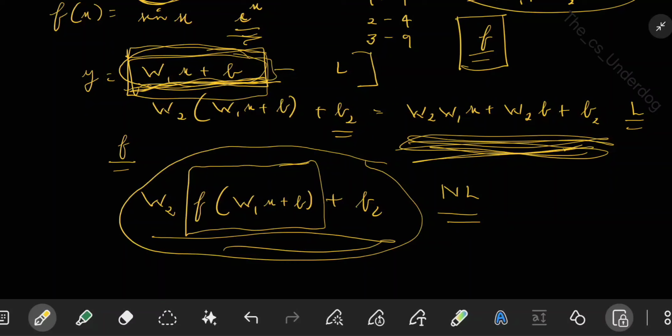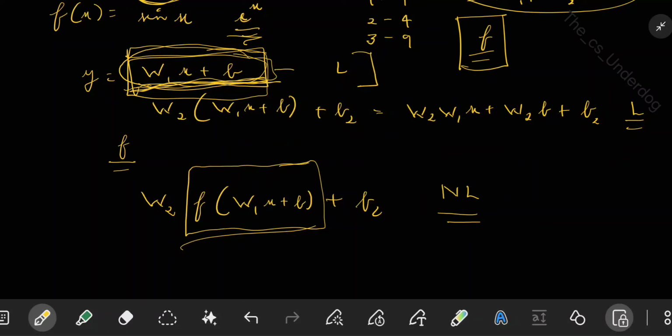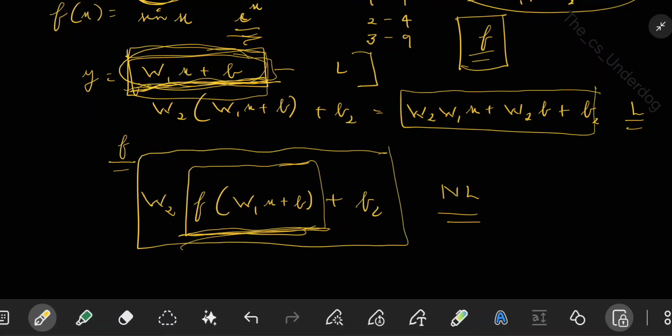So this is how the introduction of an activation function into the layer changed it from being a linear transformation into a non-linear transformation. This is what I want you to understand. That is, when you added the activation function, how it changed from a linear situation to a non-linear situation. Now in the coming lectures, when we learn exactly what this function should be, then the whole picture will be clear.